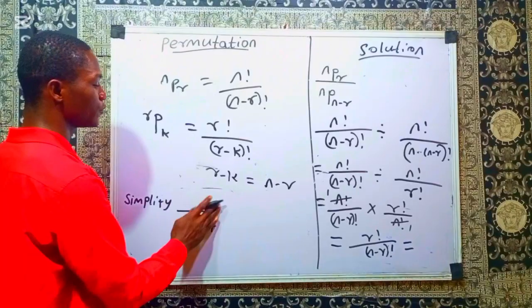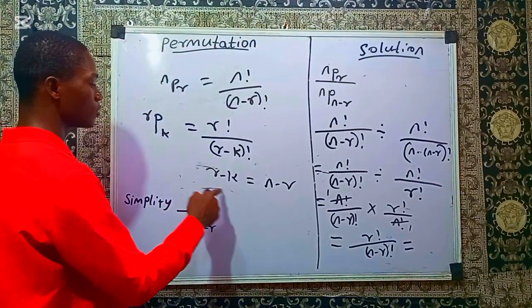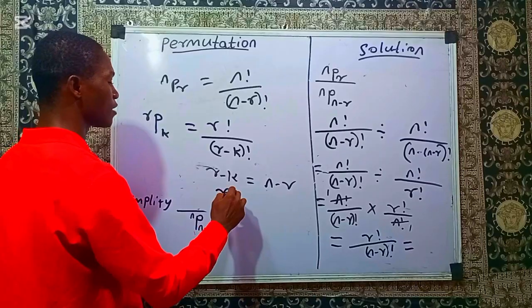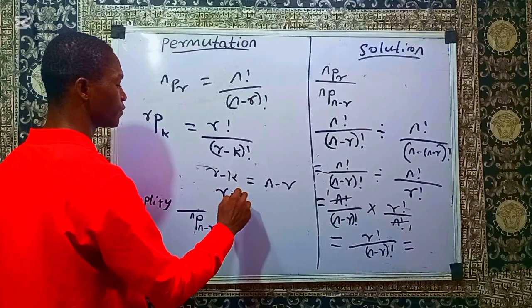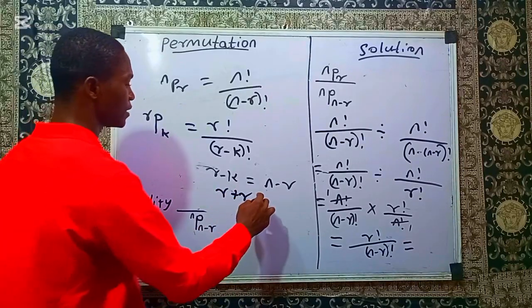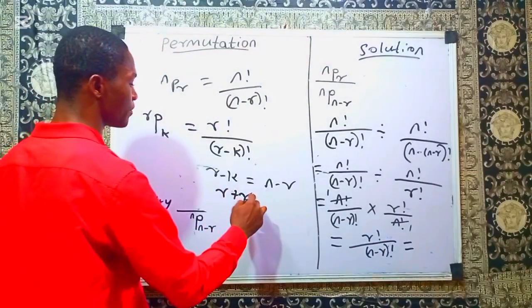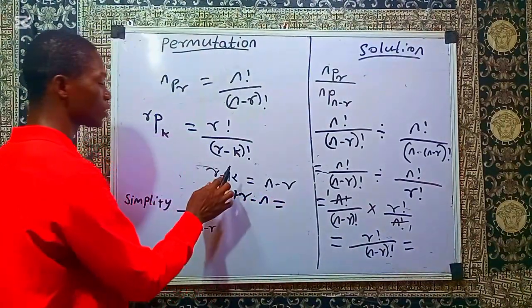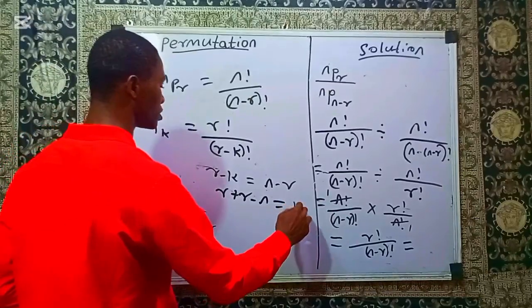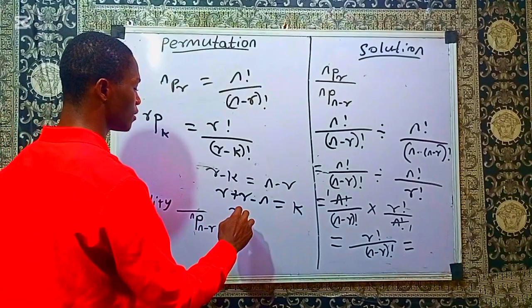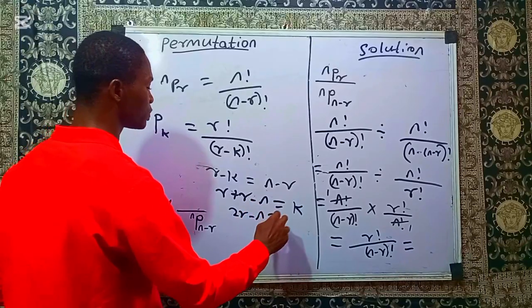If you collect like terms, if you move negative r to the left you have plus r, and also move n to the left, you have minus n. Then we can move minus k to the right, I have positive k. So r plus r gives me 2r. Then I have 2r minus n equals positive k.